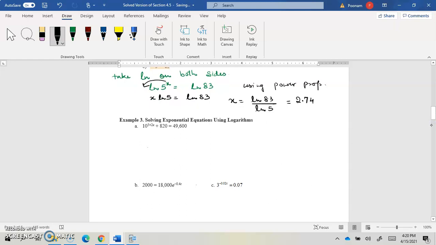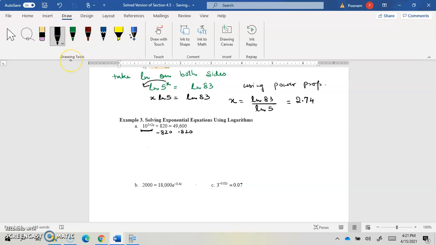Let's try one more. Example 3, part A. 10 raised to power 5 plus 2x. Now that is the exponential portion. Plus 820 is equal to 49,600. Now the first step is to isolate the exponential. Exponential is this portion, so I'm going to subtract 820 on both sides to isolate that.